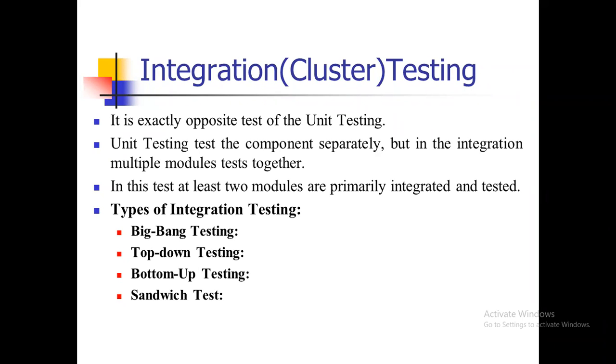Then the next one is top-down testing. This approach is about breaking down a system into compositional subsystems. Each subsystem is tested in greater detail until the entire system is reduced to the base units.